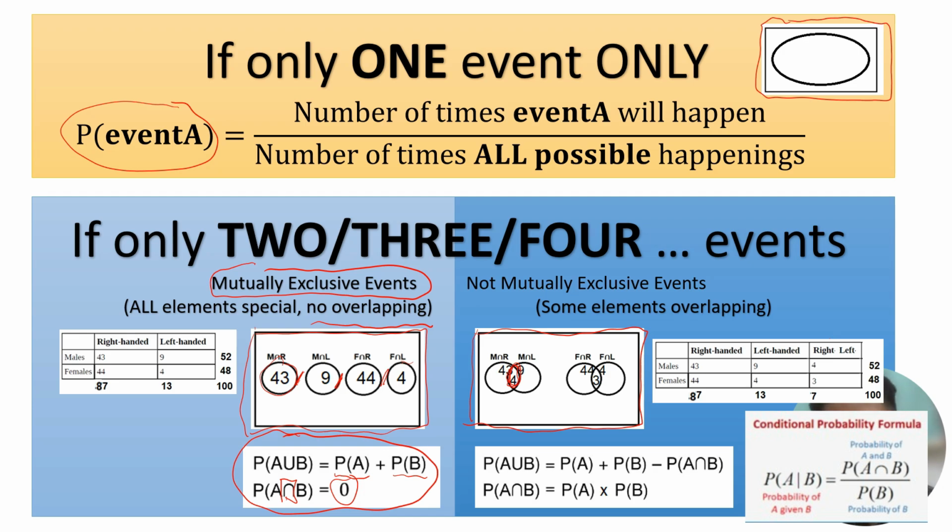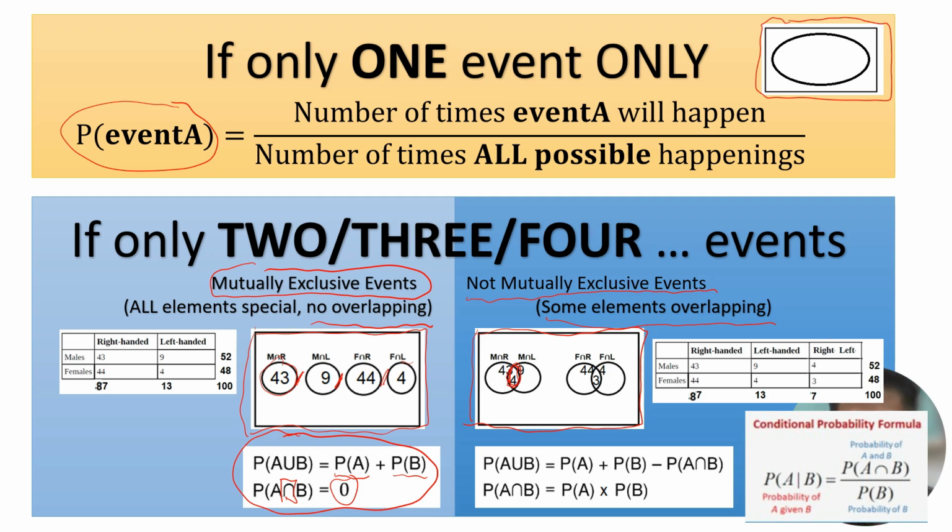When there is overlapping, we call it not mutually exclusive events. Some elements, some people, some students, overlap inside two or more events.